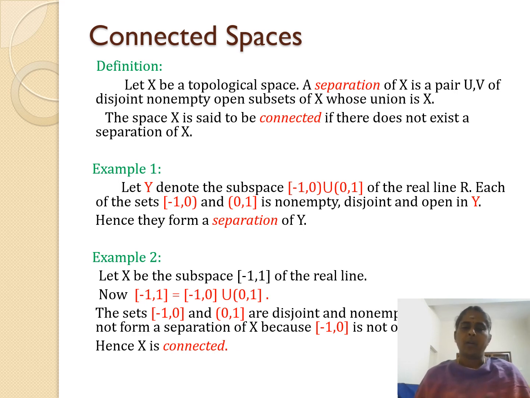In example 1, I am giving an example of separation. Let Y be the union of two intervals. The first one is the right open interval [-1, 0), and the second one is the left open interval (0, 1], and it is a subspace of the real line R. Now the first interval [-1, 0) is non-empty, and the second interval (0, 1] is also non-empty, and both are disjoint.